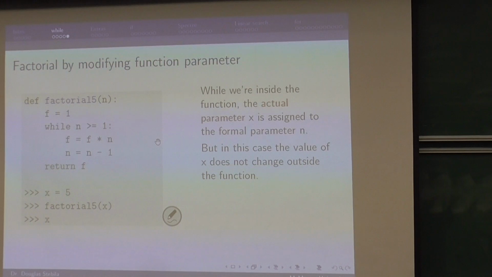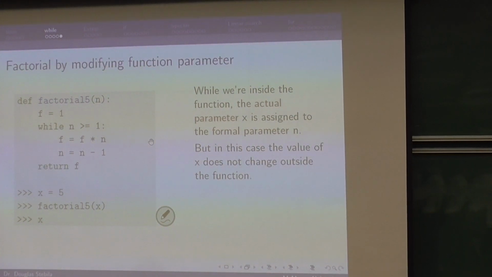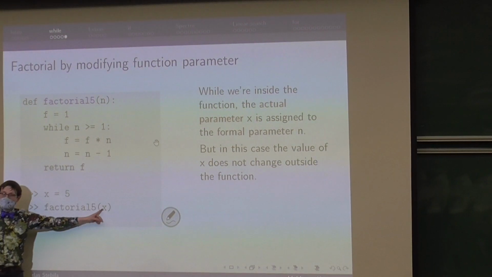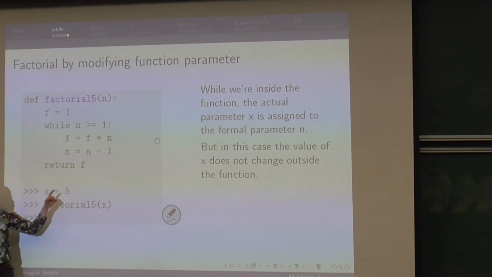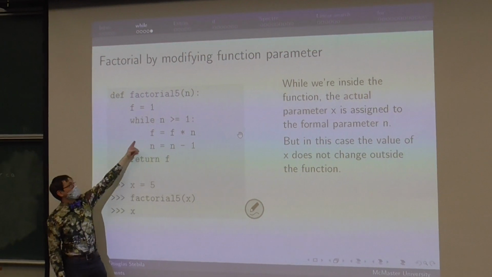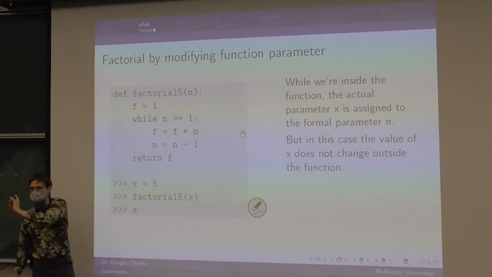Another very important thing to note, which sometimes trips up beginners. This guy right here is isolated from x. The value of x will not change, even though n is being assigned to here. That's what pass by assignment means, right?